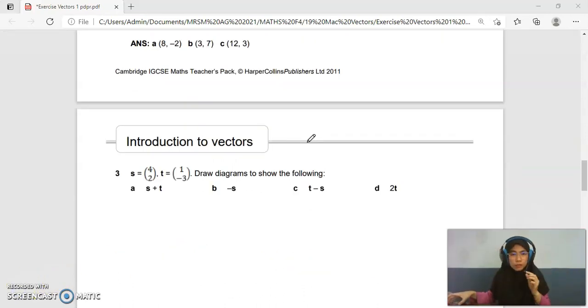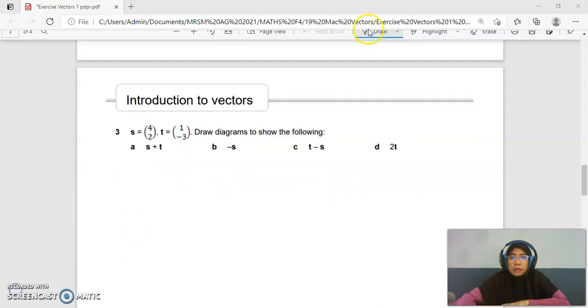For question number 3, given that the vector s is (4, 2) and t is (1, -3), draw diagrams to show the following. Since s is (4, 2) and only s is given, it means this is a point which starts at the origin.